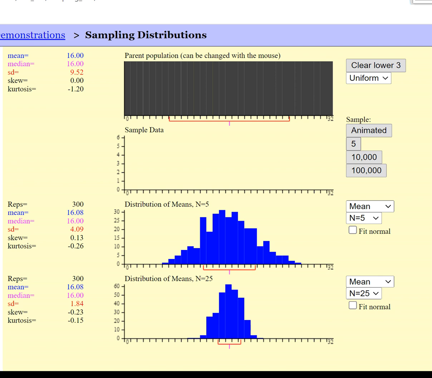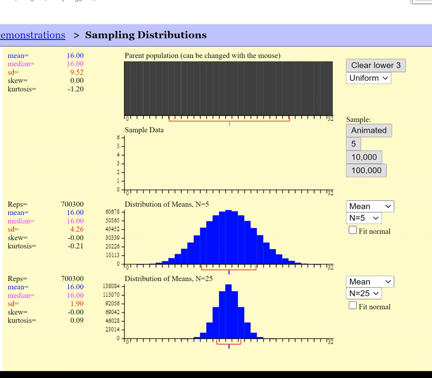The n equals 5 is looking much more spread out. If I take 100,000 samples of that, we can probably see that the lower one is normally distributed. Definitely, the n equals 5 looks normally distributed because it's got a nice symmetry about it.